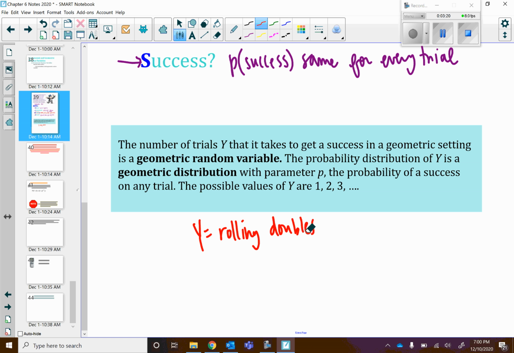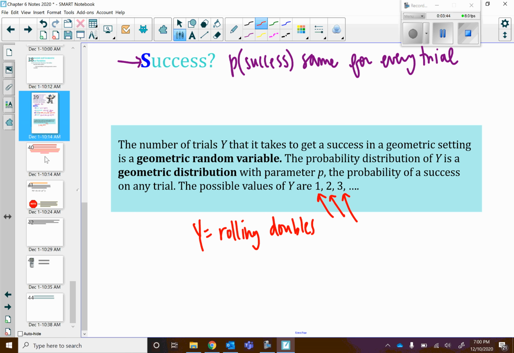If I get a success on the first roll, then I'm done. But maybe it'll take me 2 times to roll doubles, or maybe 3 times, or maybe I'm going to fail, let's say, 10 times before I actually get doubles. This is a geometric random variable. It's rolling until I get these doubles, or failing until I succeed.